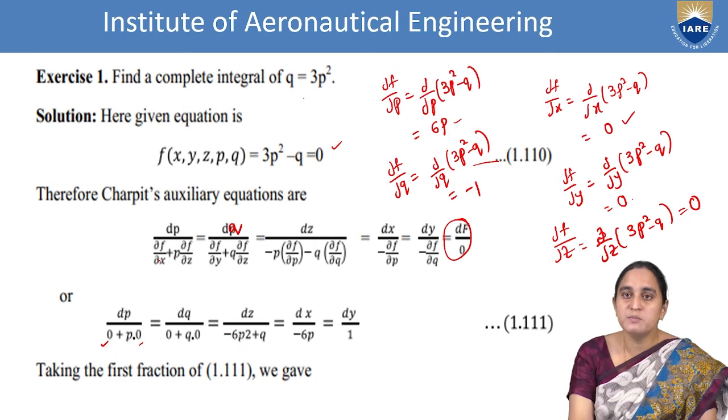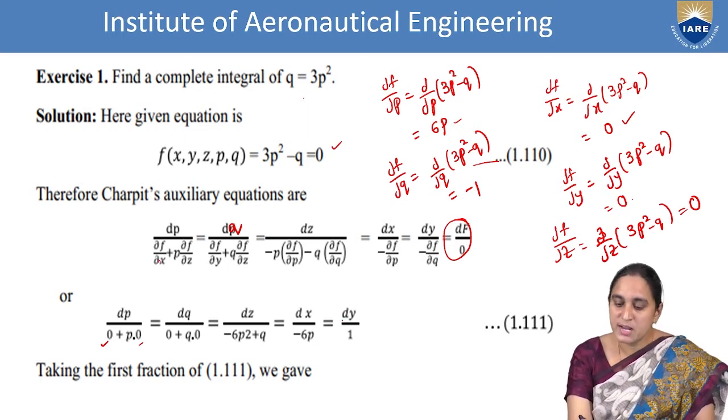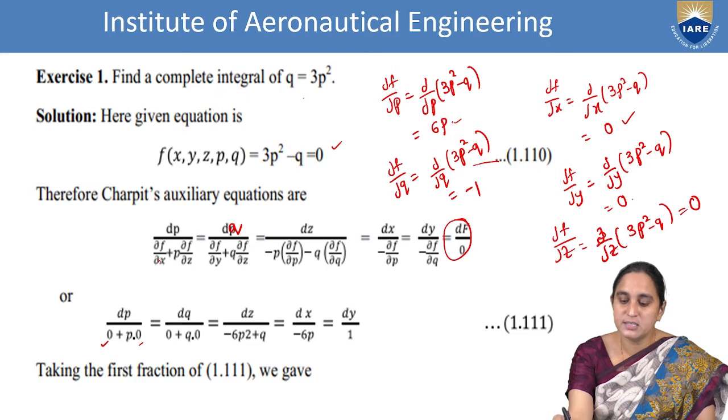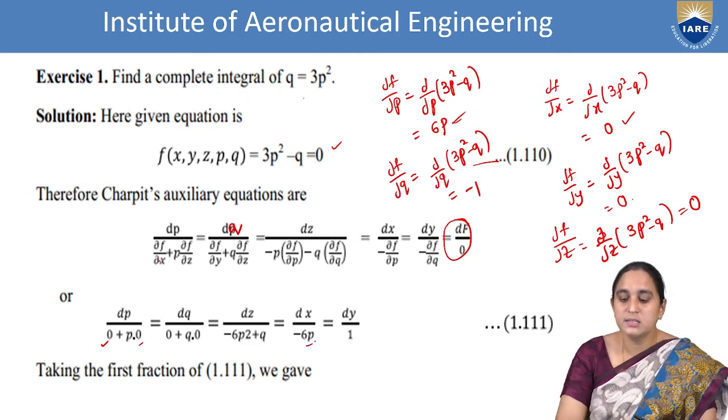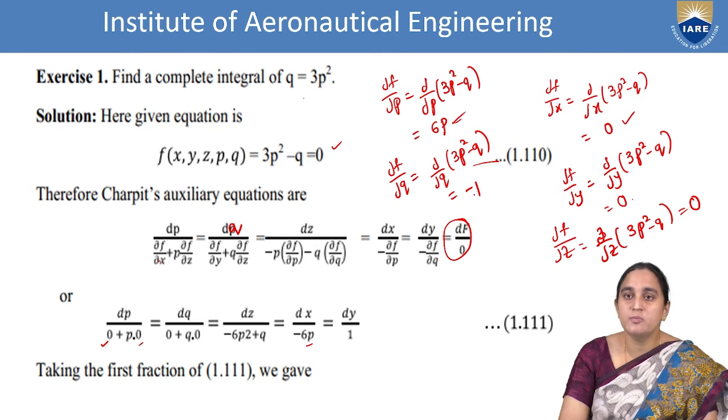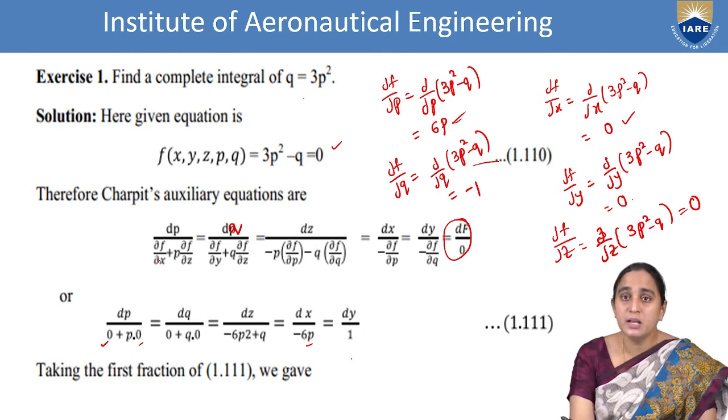Minus p into 6p means −6p², and minus q into minus 1 is plus q. That is equal to dx/(−6p), since −∂f/∂p is −6p, equal to dy/1, since −∂f/∂q is −(−1) = 1.